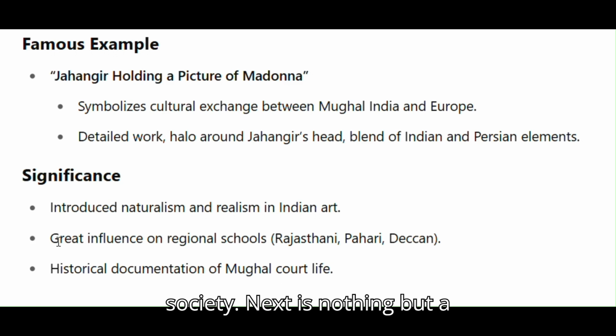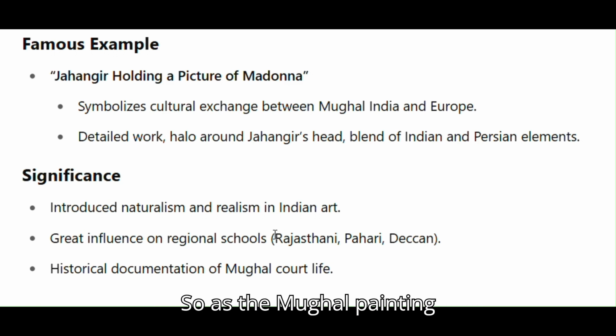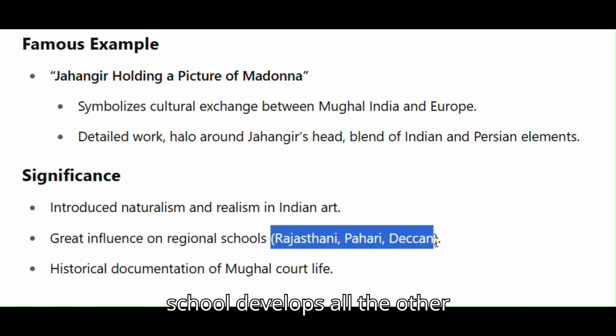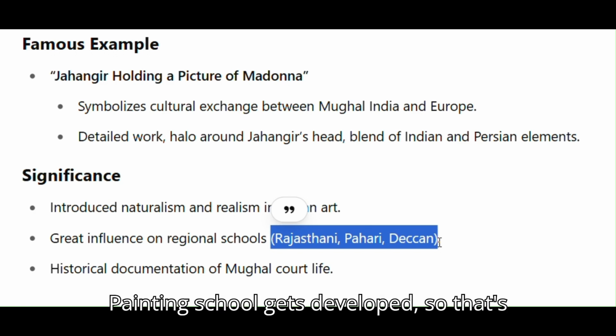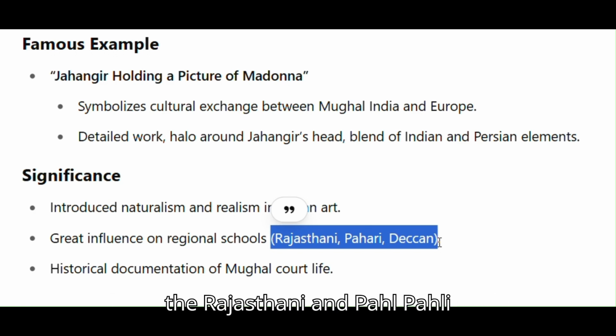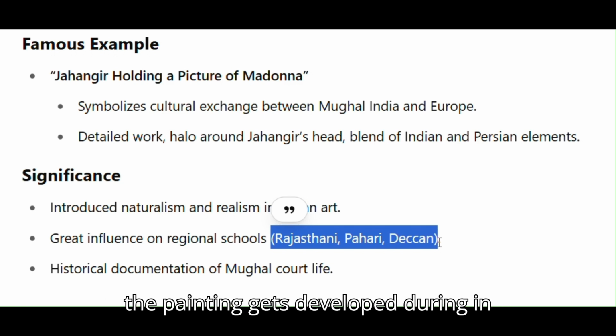Next is the great influence on the regional schools. As the Mughal painting school develops, painting schools in other places also get developed. So the Rajasthani, Pahari and Deccan regions developed their painting under the influence of Mughal painting.